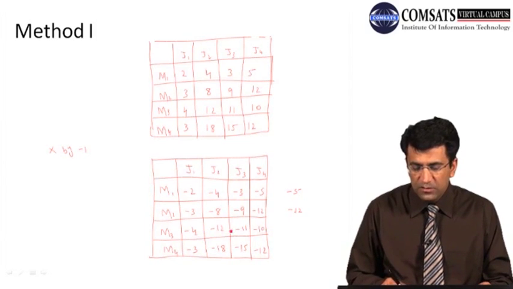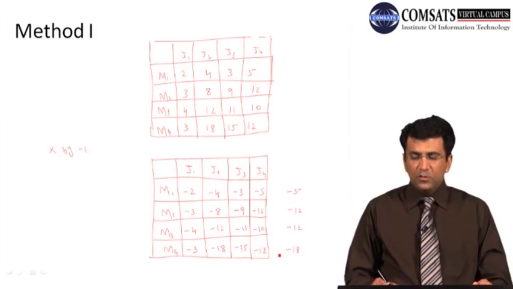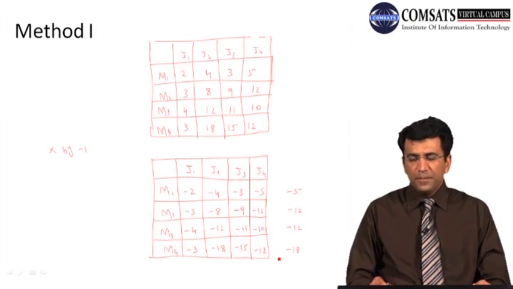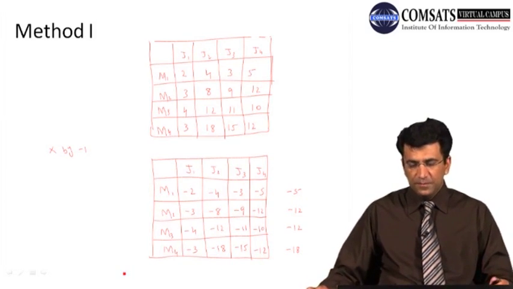Third row the minimum value is again -12, and in fourth row the minimum value is -18. So class, in row operation we will subtract this minimum number from each value of the relevant rows. Let me draw again the next table.